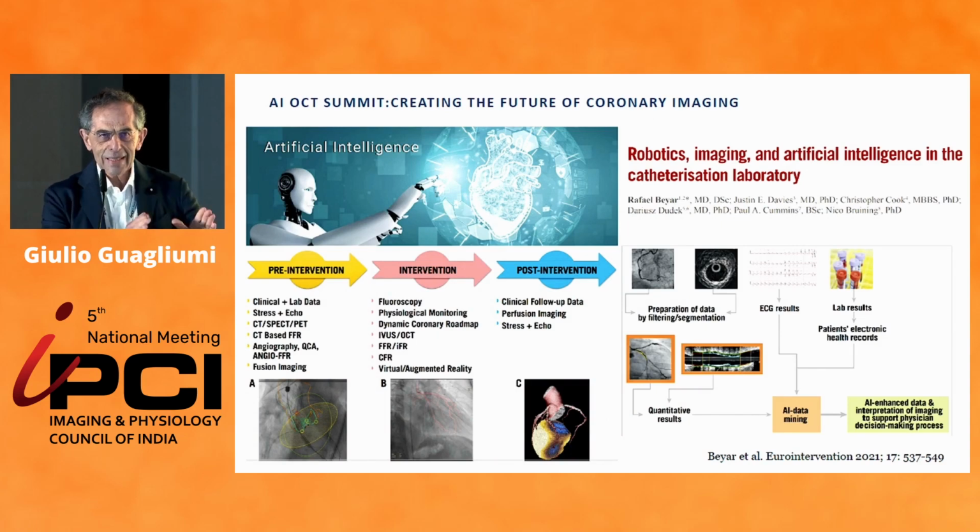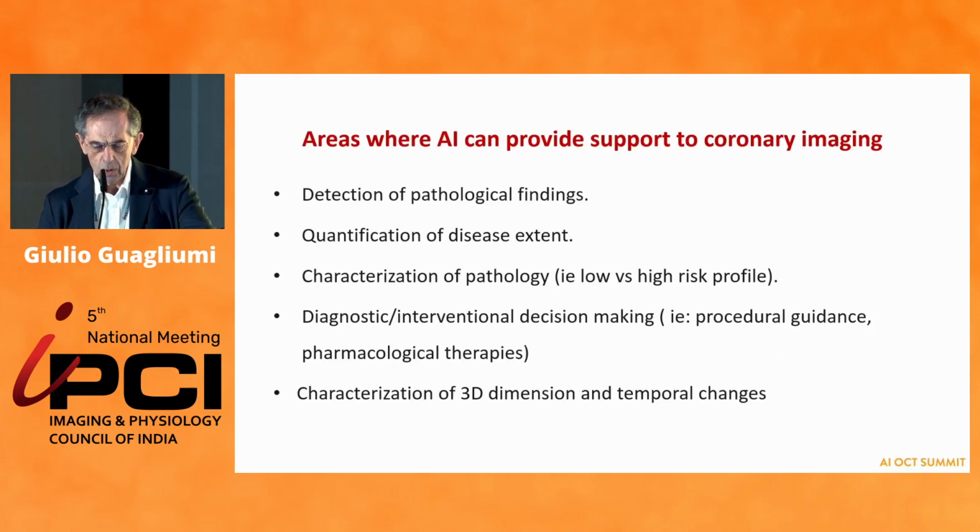What about the coming of AI into the cath lab? Well, it could be massive: pre-intervention, with all these possibilities of integration, during intervention, or post-intervention. So it's not only strictly linked to the pure imaging. In which areas can we improve by using AI in support of imaging?